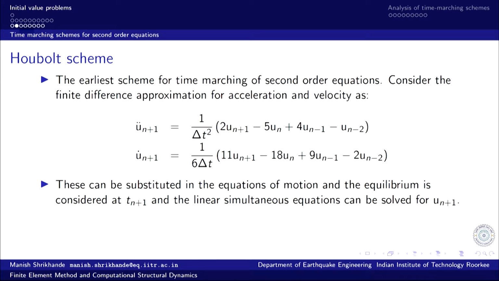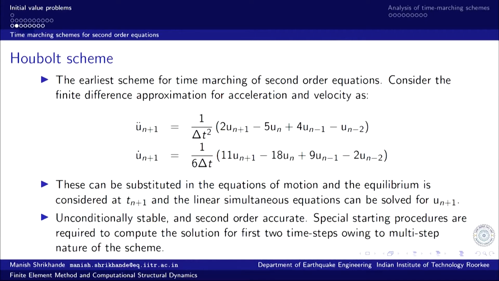Obviously this technique, the Houbolt scheme, is a multi-step procedure. So, some kind of special starting conditions are required for using this Houbolt scheme. So, maybe 2 steps of either backward Euler or Runge-Kutta method are required before we can start using the Houbolt scheme for computation of next time instants.